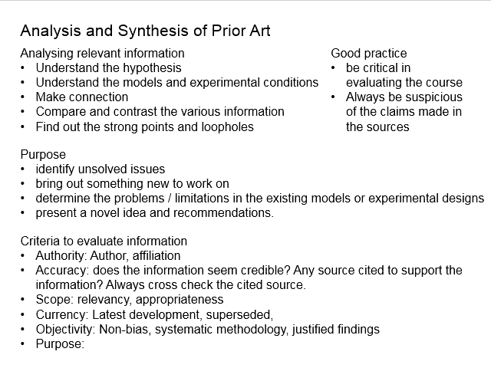The authority can give some insights or indications in terms of the credibility of the words and findings given in the source of publications. Second is the accuracy. Does the information seem credible? Is any source cited to support the information?